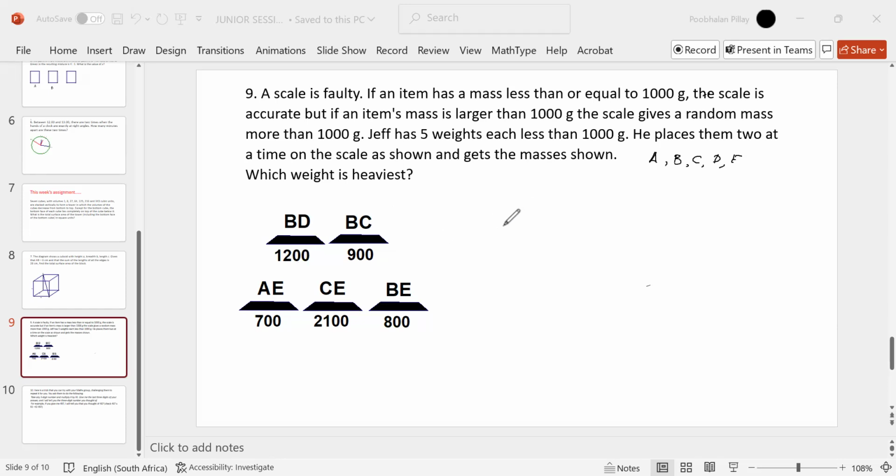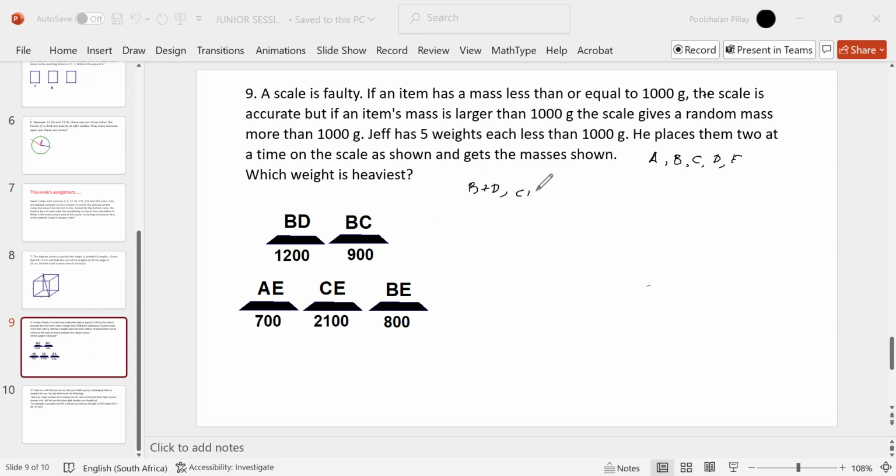Now, the only thing you can say is that B plus D is bigger than 1,000. That the weight is not 1,200. It's a random weight, right? Because it's more than 1,000. So all you can say is that B plus D is greater than 1,000.